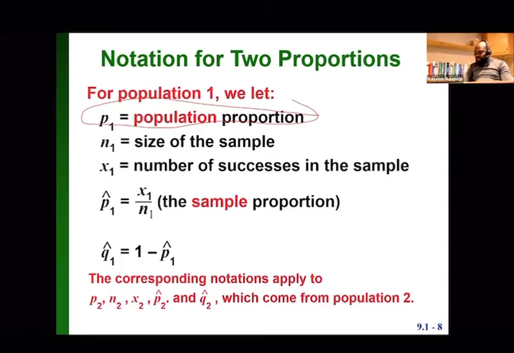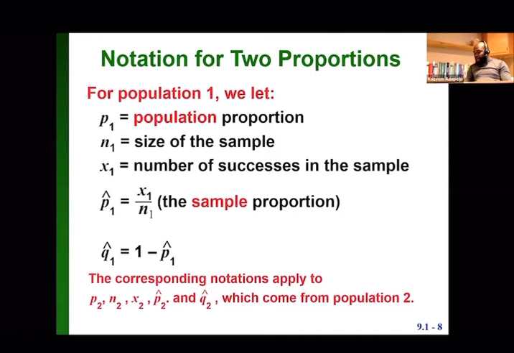In order to estimate the population proportion, we're going to take a sample size. N1 is the size of the sample. Just like what Pfizer did when they were trying to understand the efficacy rate of their vaccine, they took a sample size of people, and of course they vaccinated these people.